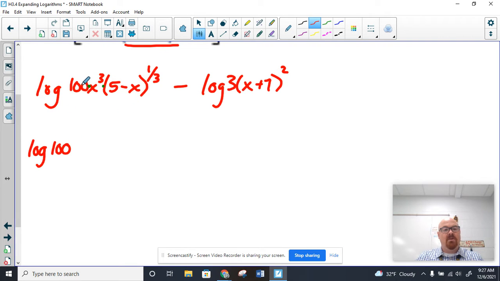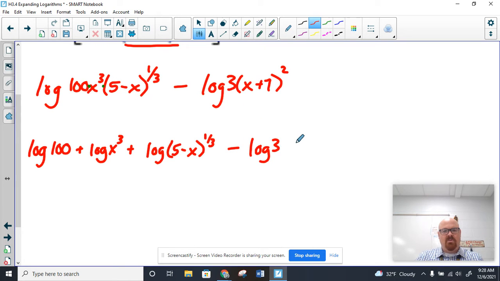So we have the logarithm of 100 plus the logarithm of x cubed plus the logarithm of this quantity raised to the 1/3 power. Then, like I said, I'd rather leave this one alone for right now and only look at that first logarithm, work my magic, and then we'll come back and address what we have on the back end.